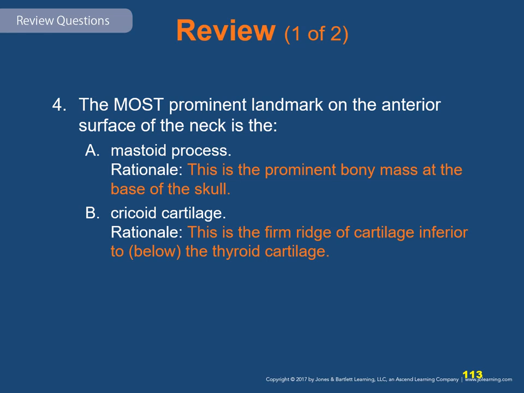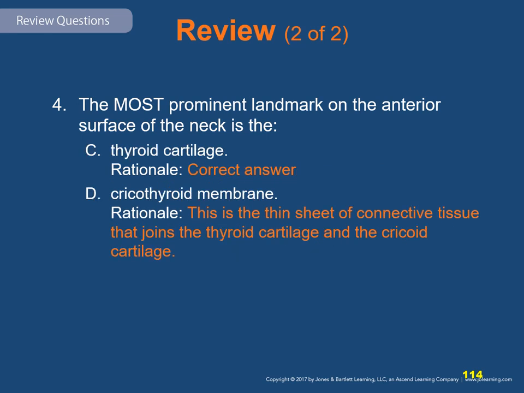It gave you the cricoid cartilage, and that's incorrect because that is the firm ridge of cartilage that's inferior to, or below, the thyroid cartilage. C is correct, that is the thyroid cartilage. And D, the cricothyroid membrane, that's incorrect because that's the thin sheet of connective tissue that joins the thyroid cartilage and the cricoid cartilage.